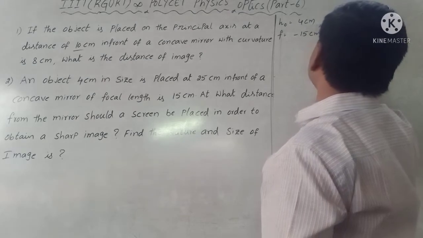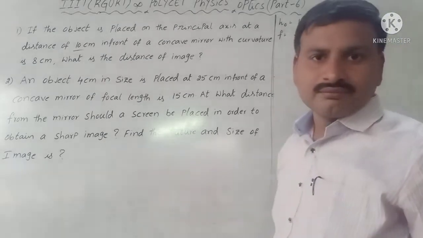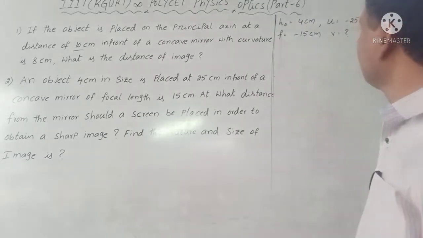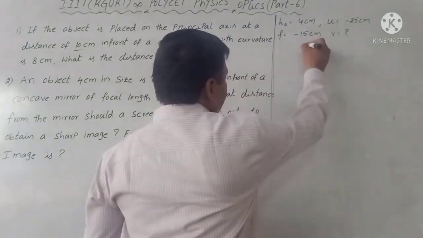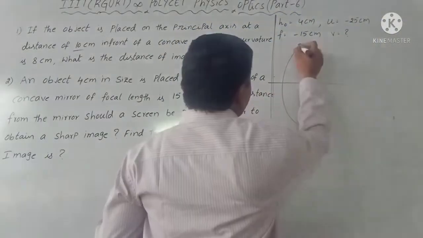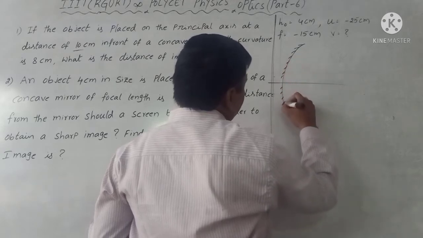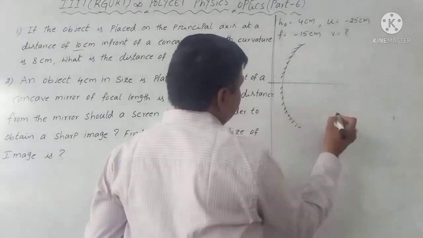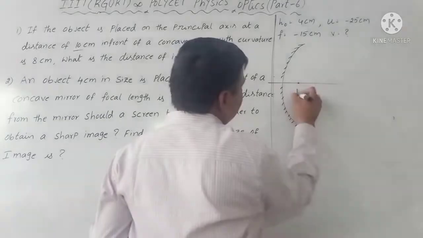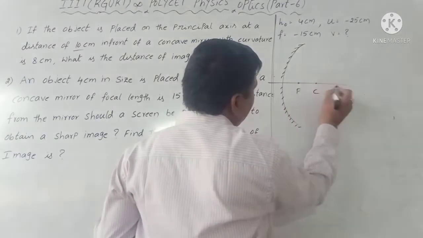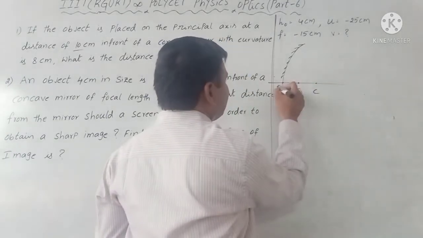So what is the image distance? First of all you find the image. Draw the concave mirror. This is the focus, this is the center of curvature, and this is the vertex point.